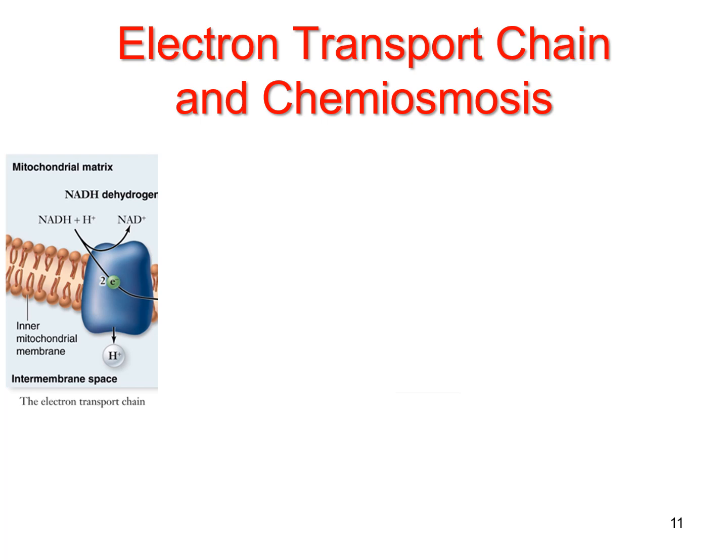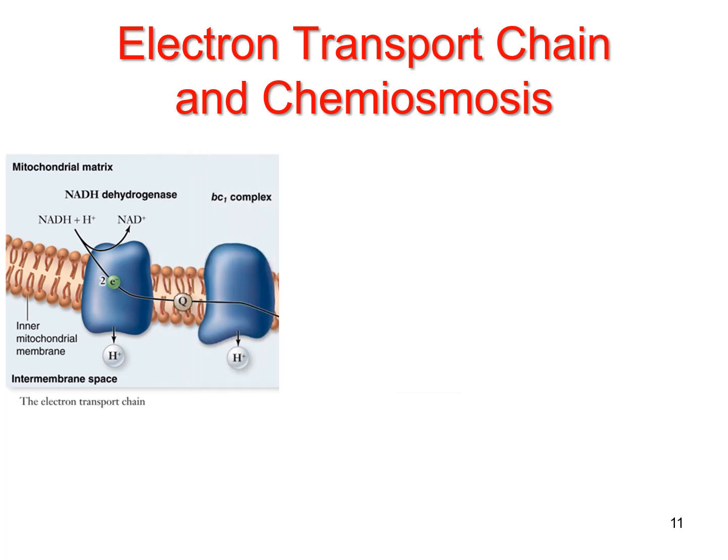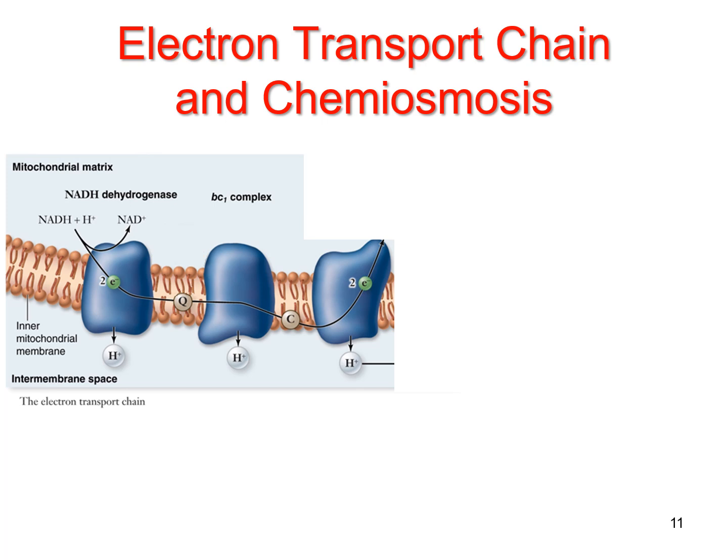When the electrons get to the first proton pump, it shoots a hydrogen ion into the intermembrane space. The electrons keep going through complex Q and onto the second proton pump, which shoots a second hydrogen ion into the intermembrane space. The electrons keep going through complex C and onto the third proton pump, which shoots a third hydrogen ion into the intermembrane space.